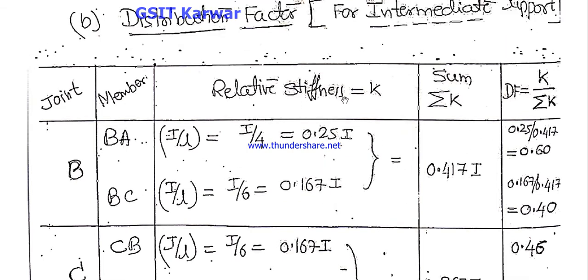For calculating relative stiffness, I explained at the very first how to calculate it, depending on the support condition. So you can recall that and apply the relative stiffness factor here.